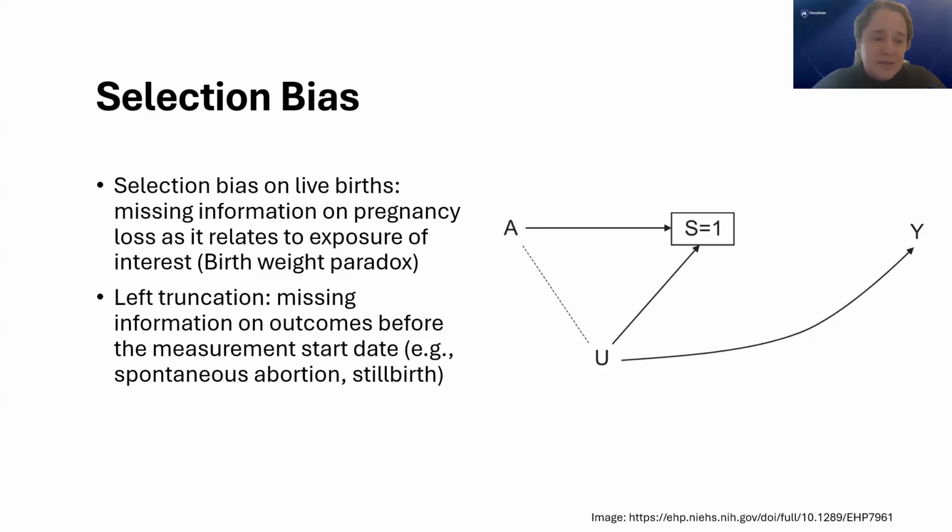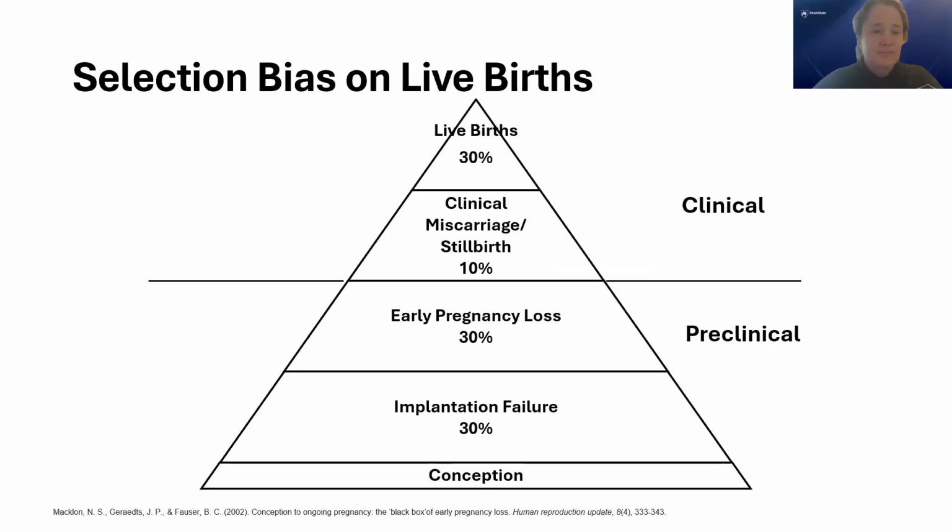Secondly, left truncation. This is missing information on outcomes before the measurement start date. So when you're selecting on live births, it's important to really realize what that does. If you consider all conceptions, 30% are implantation failures, and another 30% are early pregnancy loss. These are just preclinical.